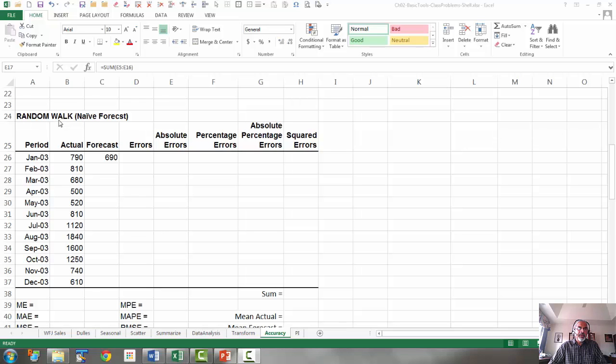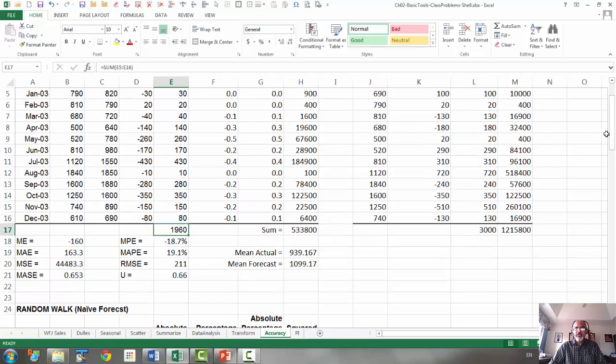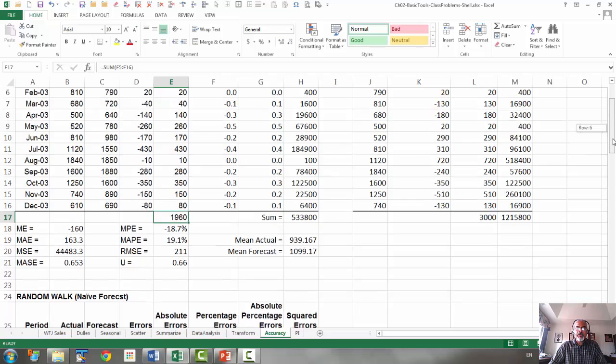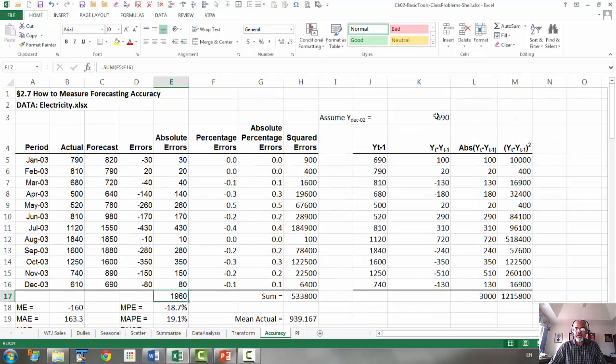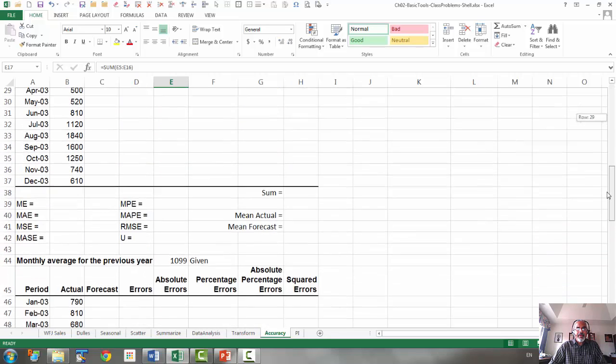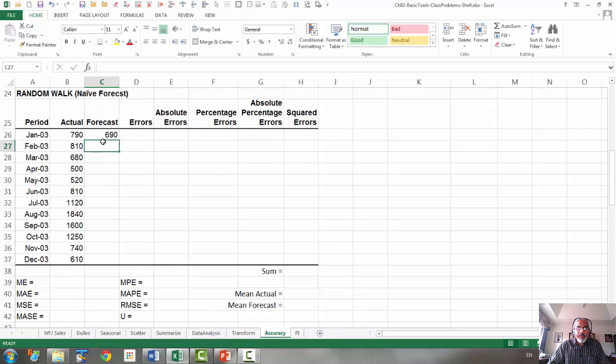So if you're going to look at the naive forecast or random walk, okay, which we worked out here, suppose we want the other error measures for random walk. So of course the first forecast is going to be 690, which is given right here. Okay. And for the rest of them, it's going to be just the previous value. Okay.